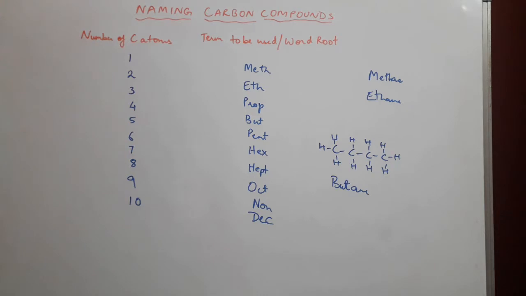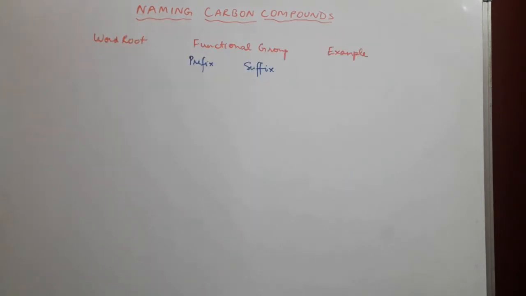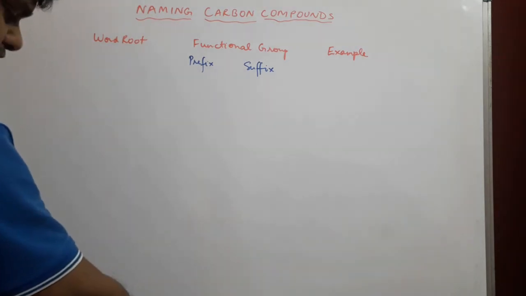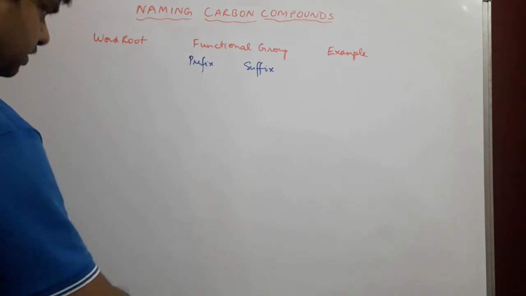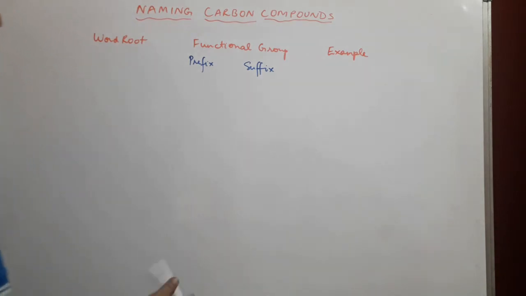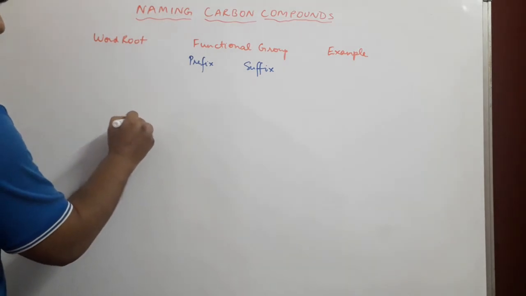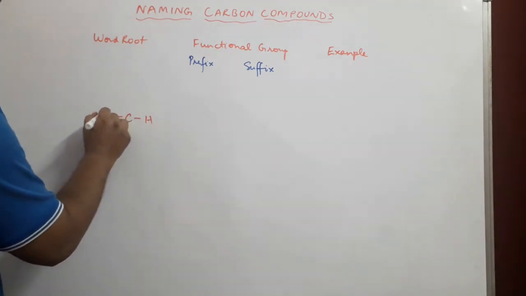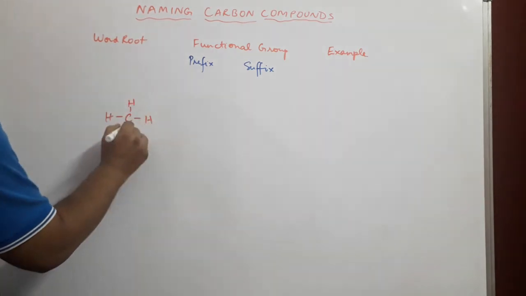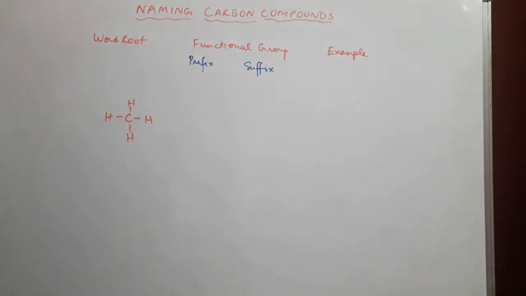Let's solve a few examples so that we understand what functional groups are. Before we go into naming carbon compounds based on the functional groups, let us first understand what functional groups are. I'll take an example of methane, and this is the structural formula of methane, CH4.